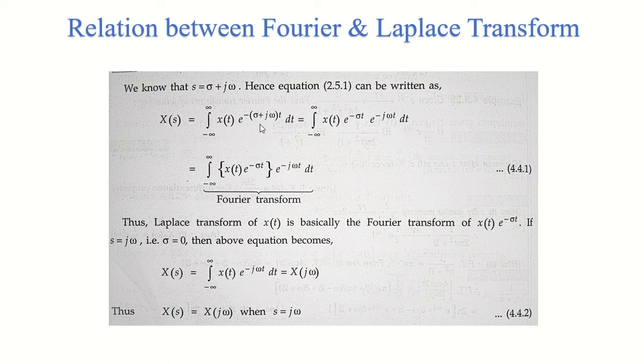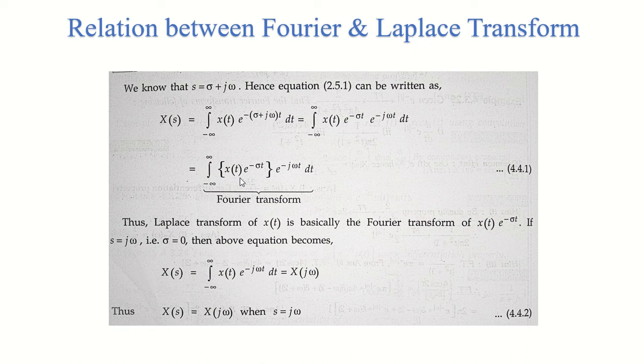Whenever we get that, let's put these two terms in a bracket together. So here you are having in the bracket x of t e raised to minus sigma t, and it is integrated from minus infinity to infinity with e raised to minus j omega t into dt.